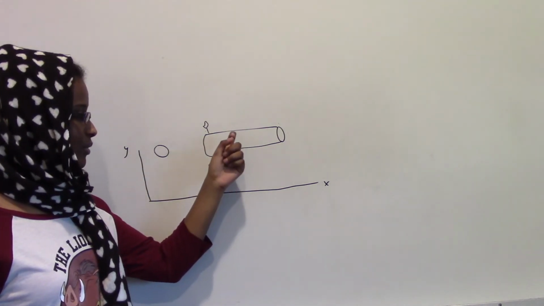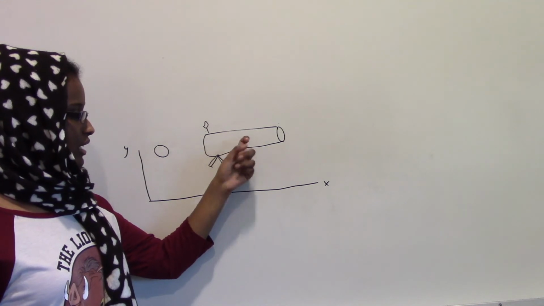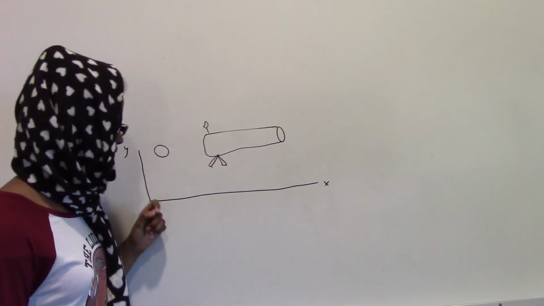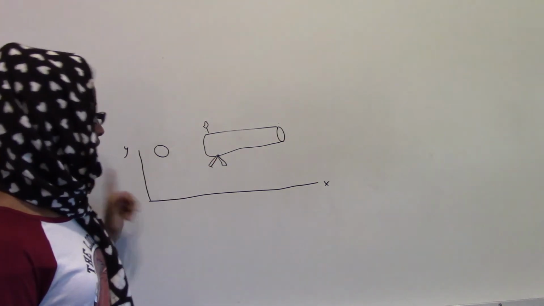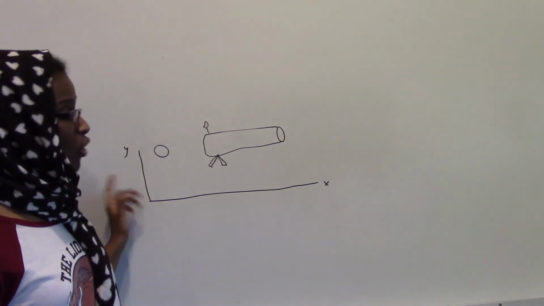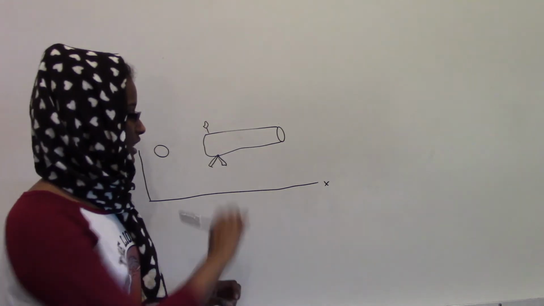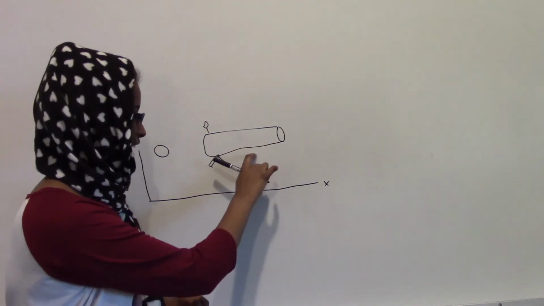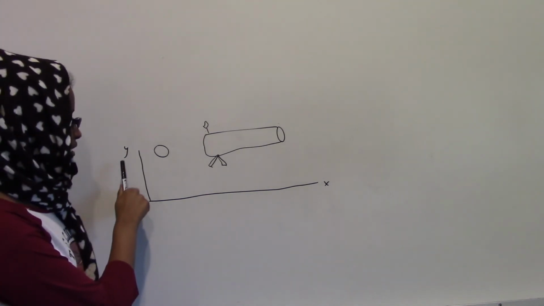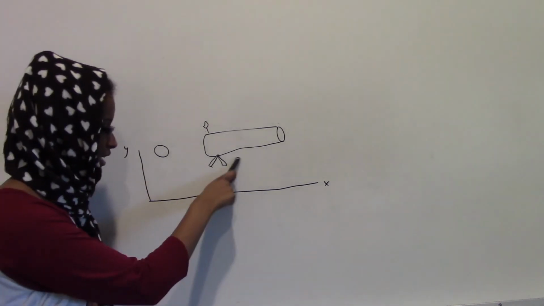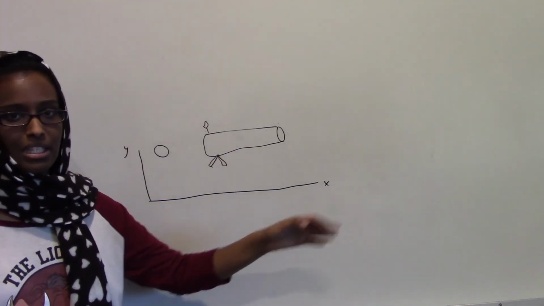The one in the cannon is the same mass as the one here. Let's say I'm going to launch at the same time from the same height horizontally this cannonball from this cannon as I'm going to drop this cannonball. So the same height, same mass. The only difference is how it's being dropped.